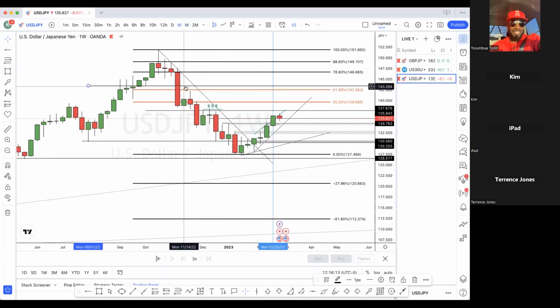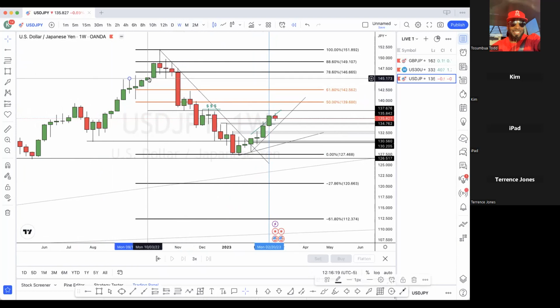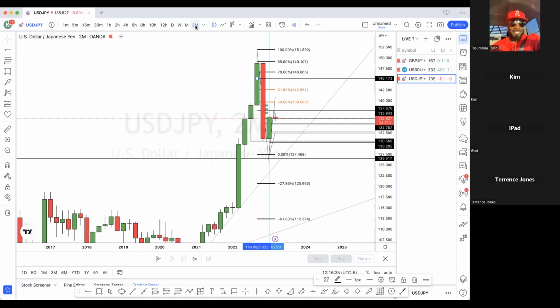Okay. And I would say at least to 145, 173. I'm on board with that. I think I did mine off of a 2-month chart, but that'll put us in the ballpark.